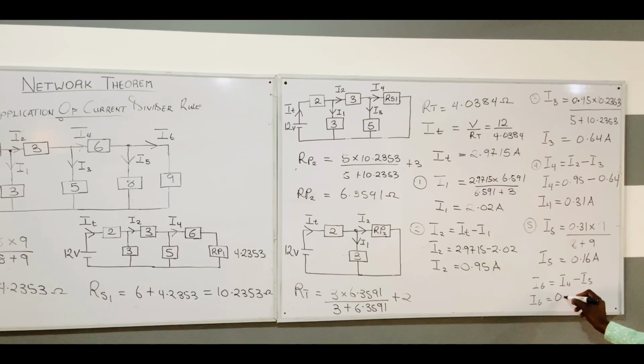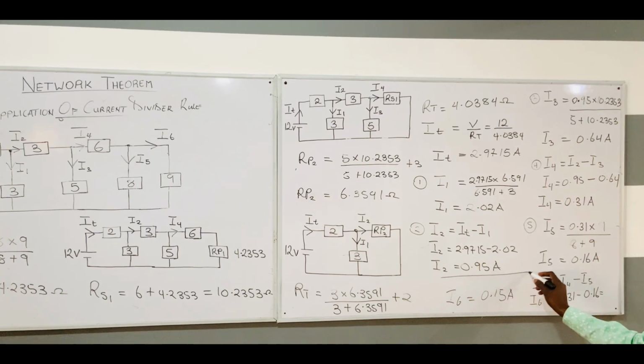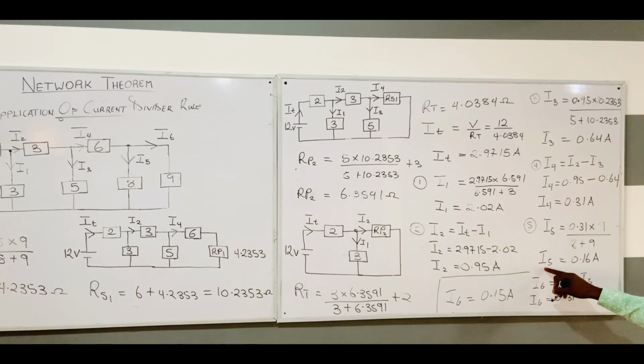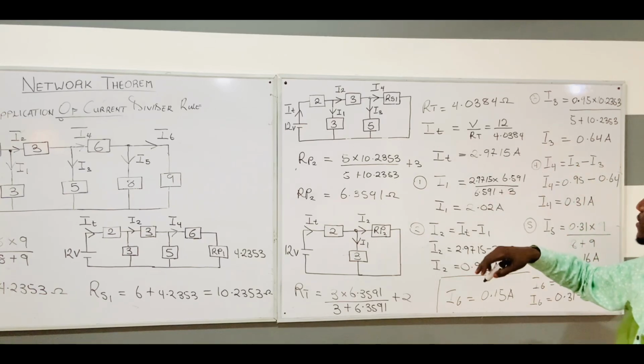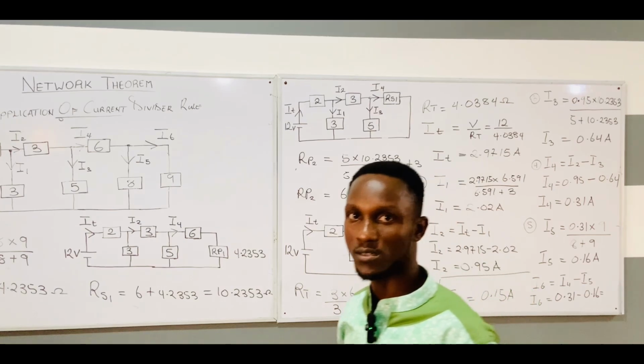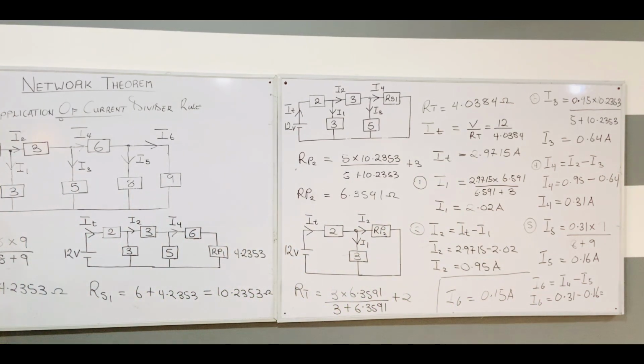We have 0.31 minus 0.16, which, when you subtract, gives us I6 equals 0.15 amps. So now we've been able to find the values of I6, I5, I4, I3. We found the values of I2 and I1 using current divider rule and by resolving the resistors little by little. I hope you were able to get this.